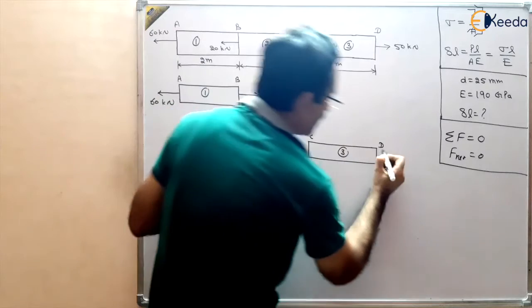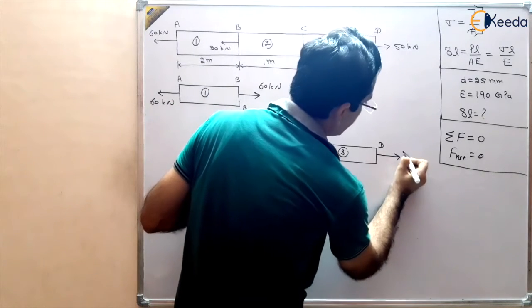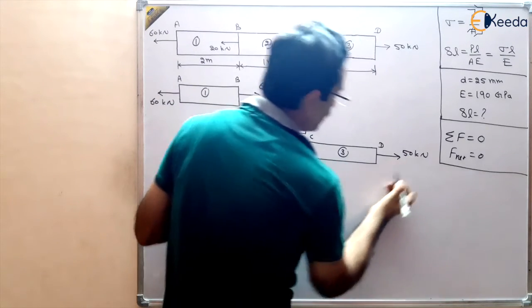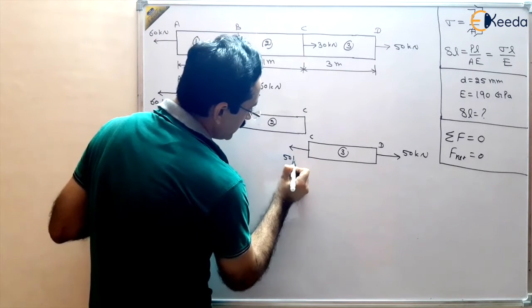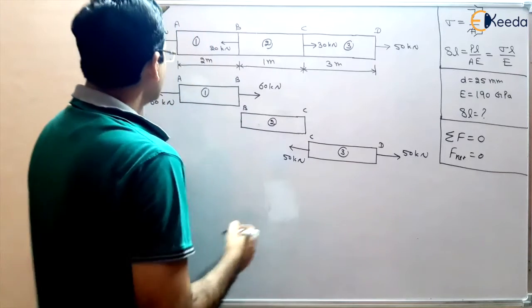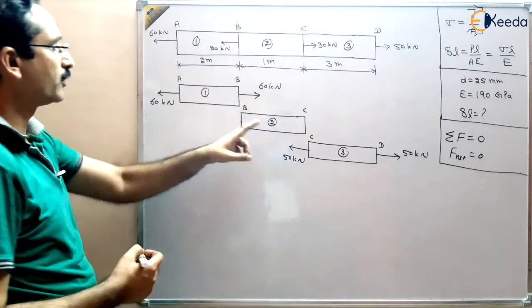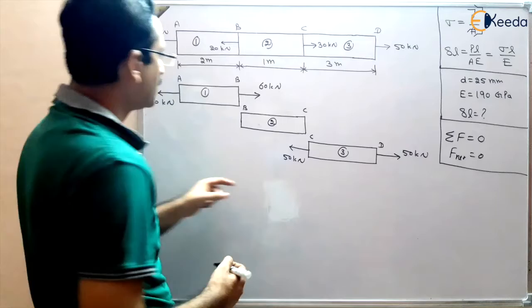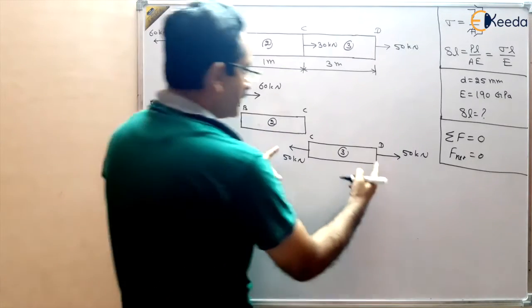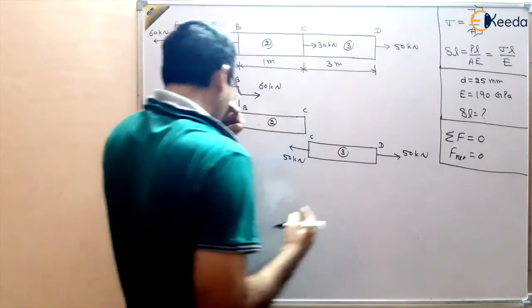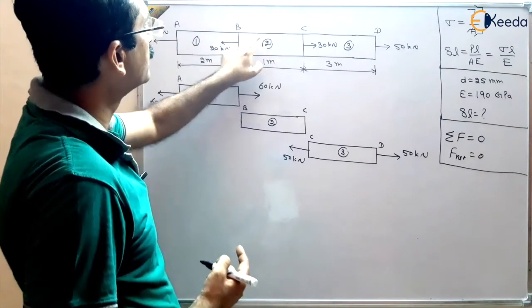And D also has 50 kilonewton, and it is not going to change. So this is 50 kilonewton, and for static equilibrium there must be 50 kilonewton load in leftward direction. So we have got the forces in 1 and 3: in 1 the tensile load is 60 kilonewton, in 3 the tensile load is 50 kilonewton. What is the load on 2?